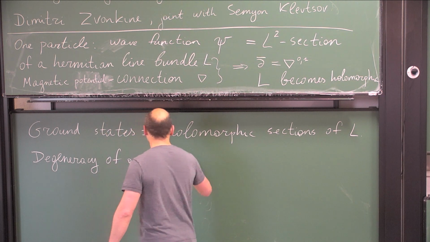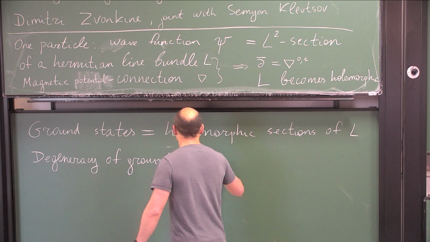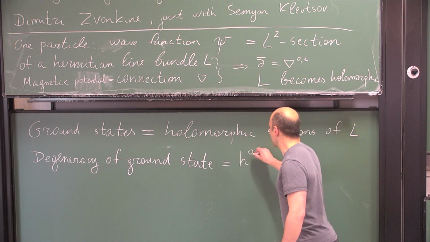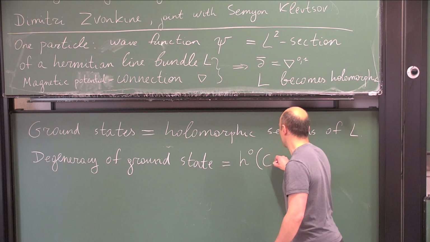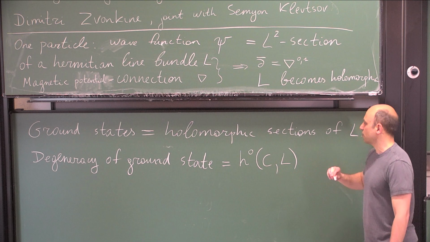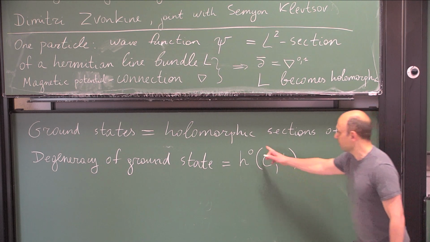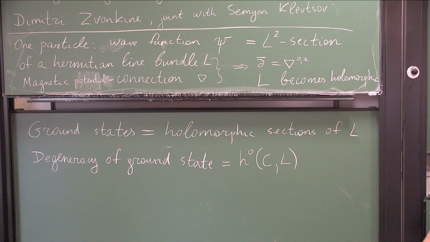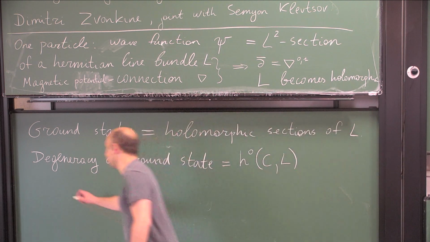Good. And in mathematical notation, this is the dimension of the space of sections of this holomorphic line bundle L. So here we have a Riemann surface, a holomorphic line bundle, and this thing denotes the dimension of the space of holomorphic sections. And there's the Riemann-Roch formula.